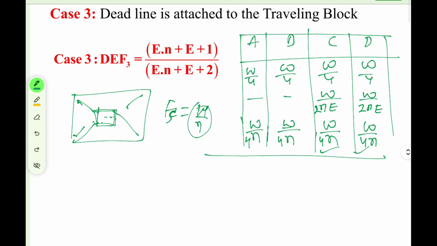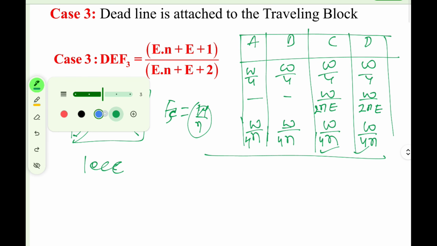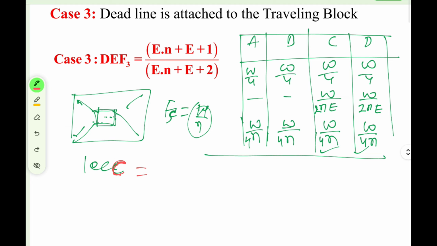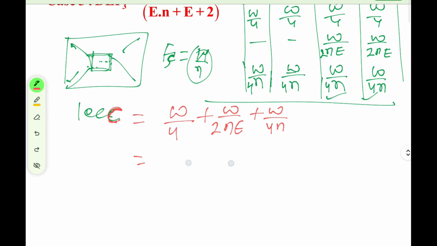So now let's solve for leg C. Leg C experiencing maximum load is nothing but W by 4, W by 2Ne, W by 4N, W by 4N, right. Let's take the LCM of these. If you take the LCM, you will get 4Ne as the LCM.